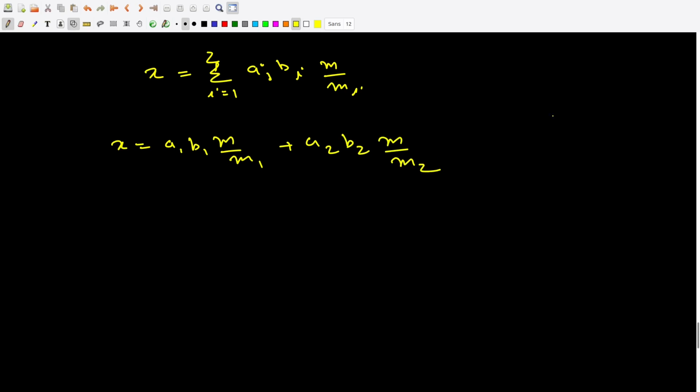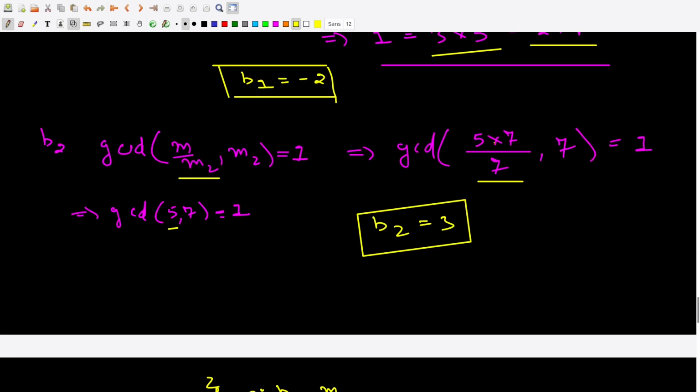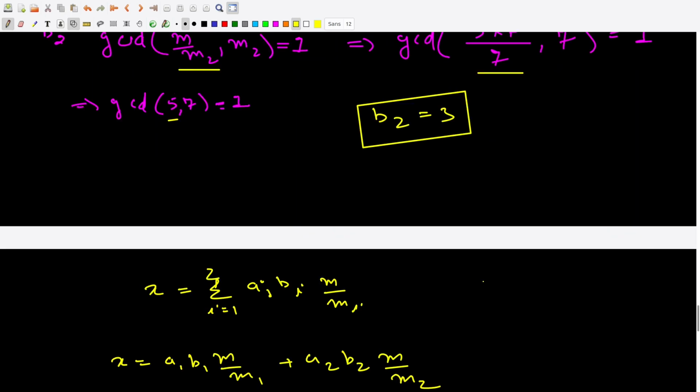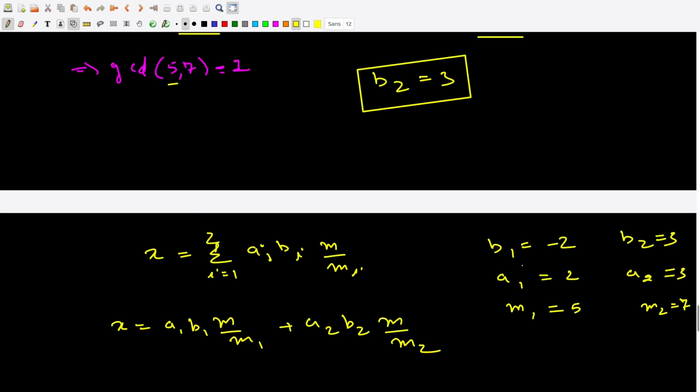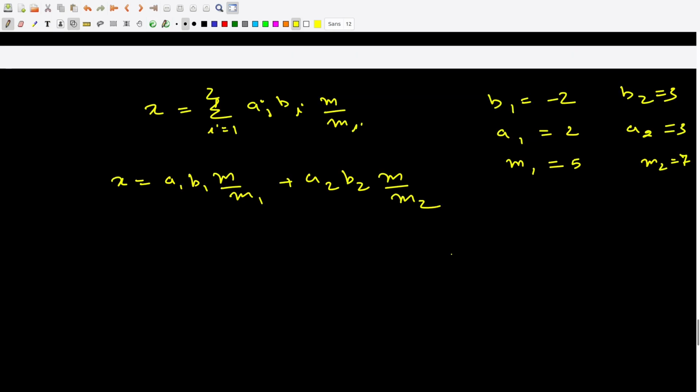Okay, and let us write down the values of b1 and b2. b1 equals minus 2, b2 equals 3, a1 is 2, a2 is 3, and M1 is 5, and M2 is 7.